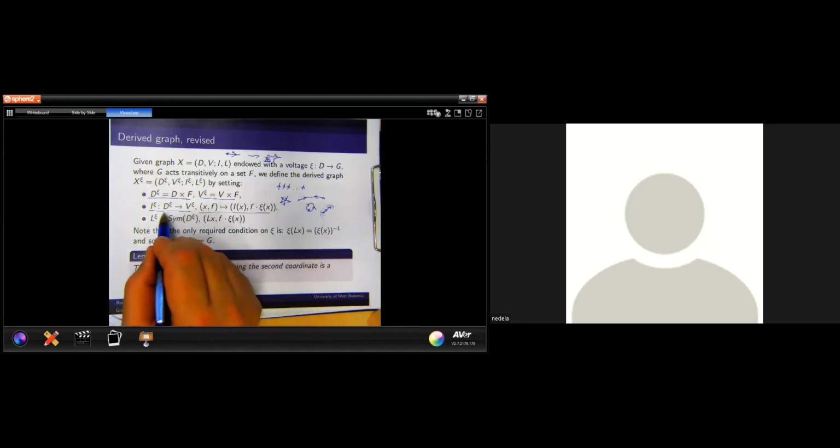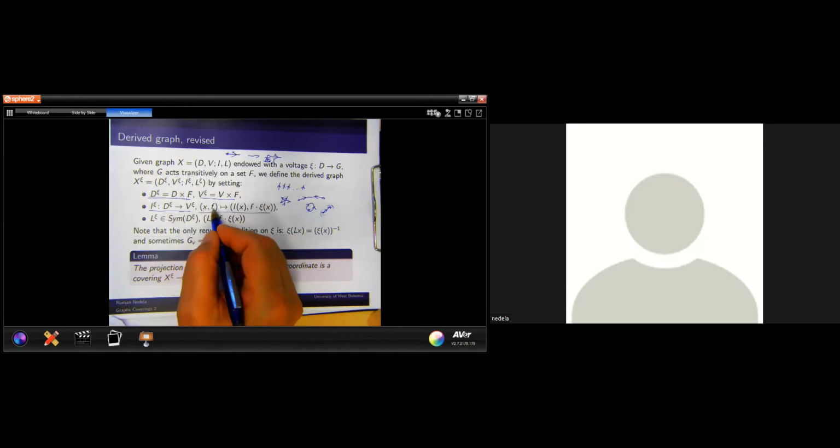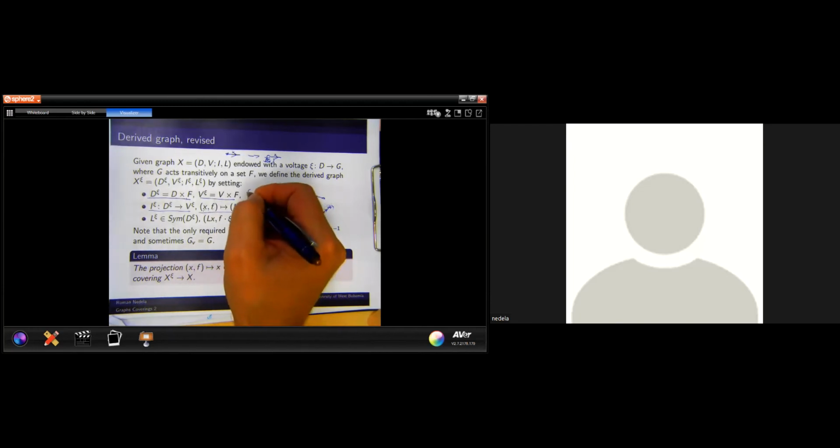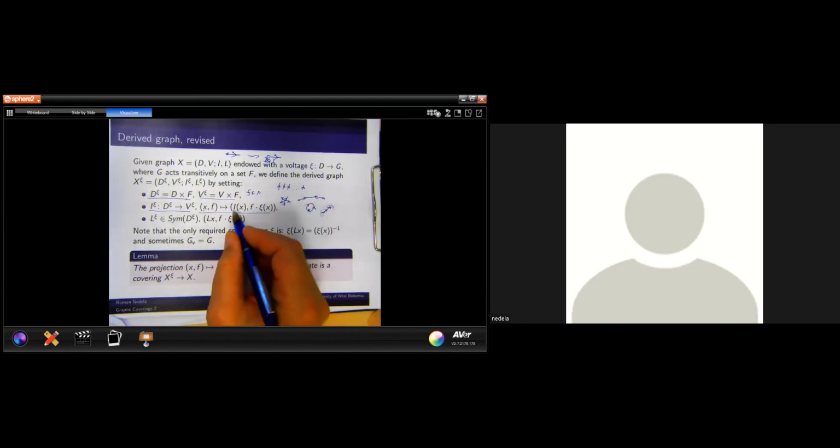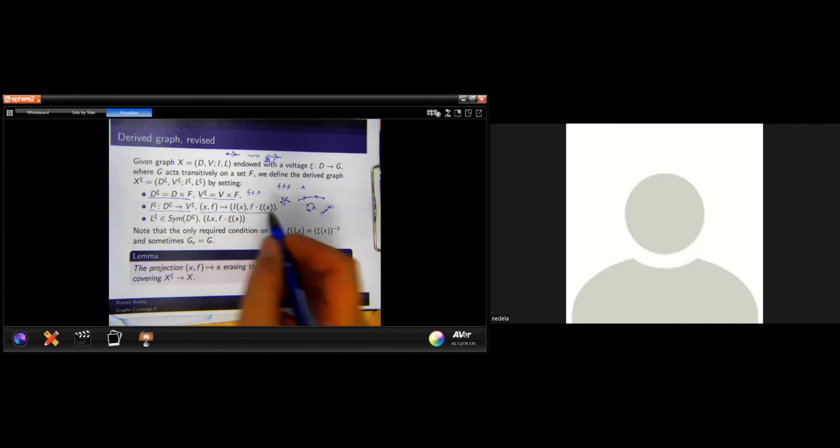So X with coordinate F goes to I of X with coordinate F times the action of the voltage of X. So we mimic what happens in the base graph.